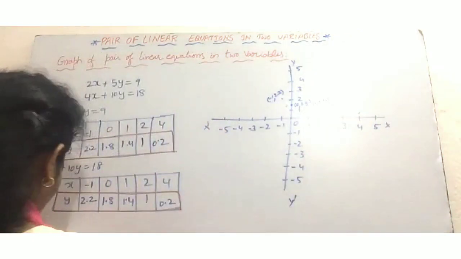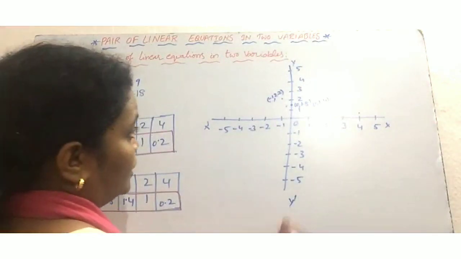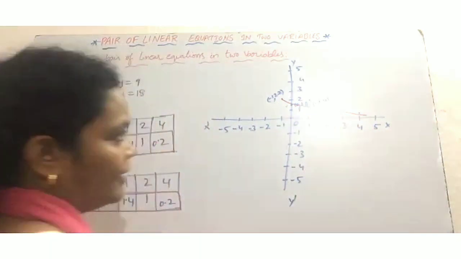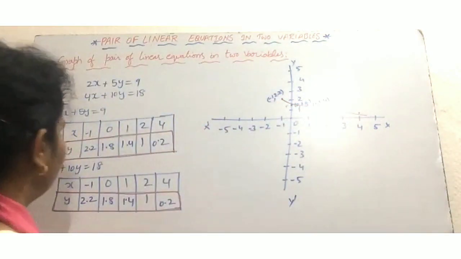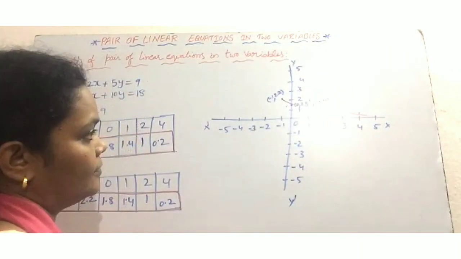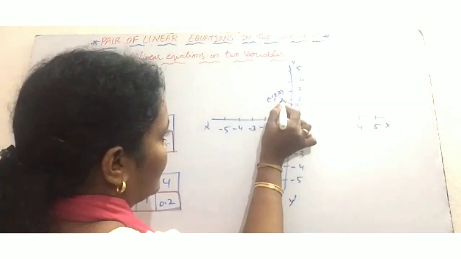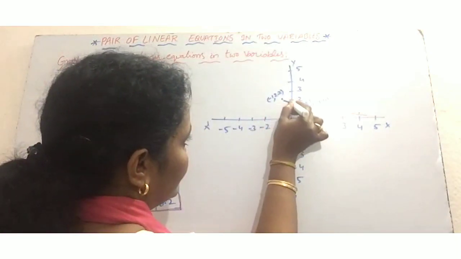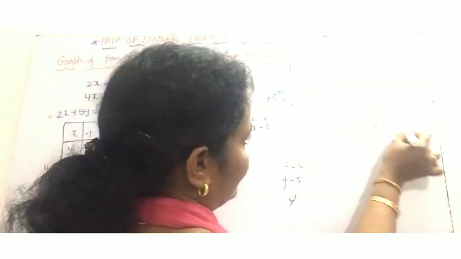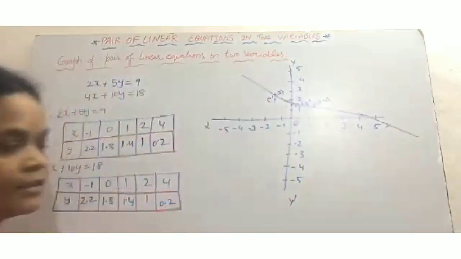So if we join the points, we will get a line like this, and for the second equation also the same points, so the line is this only. So both lines are the same. If I take other points, the line will extend like this, otherwise like that.